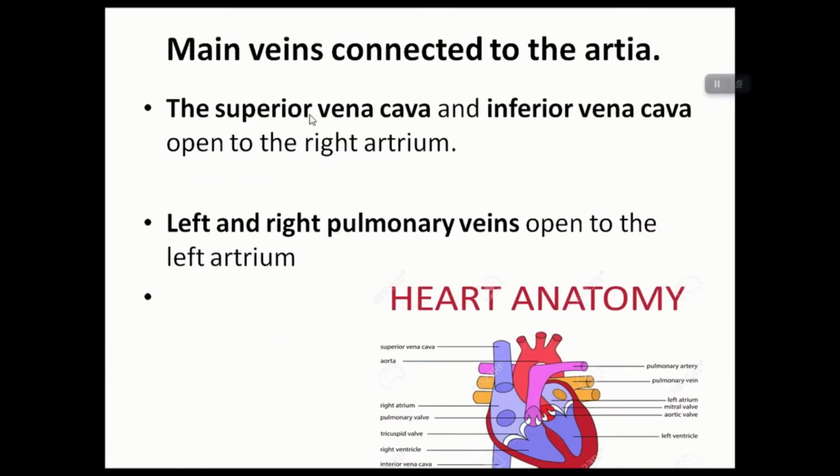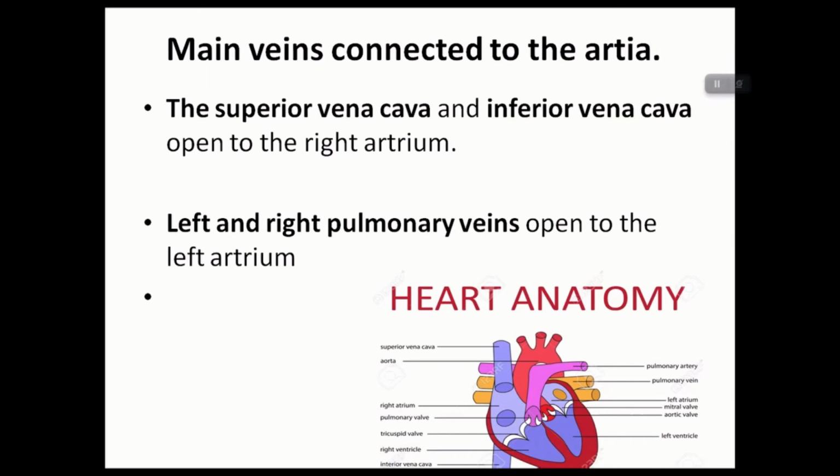Okay, main veins are connected to the atria. You have to keep in mind, arteries are connected to the ventricles, but veins are connected to atria.